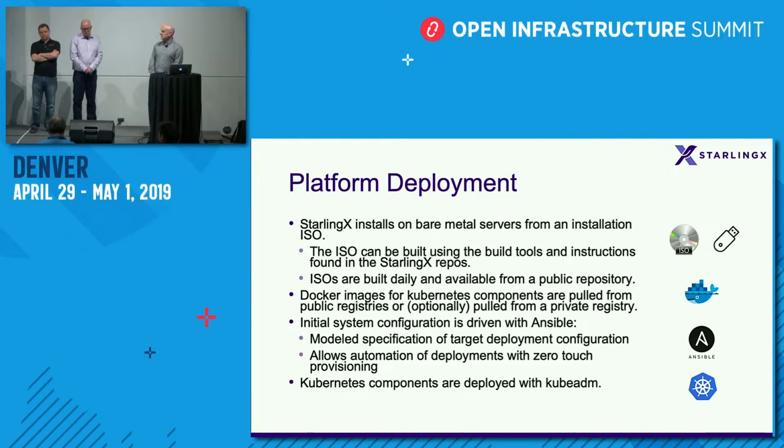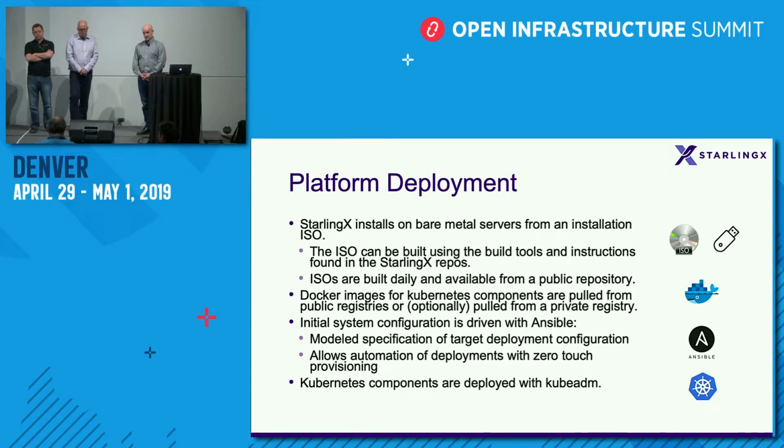We drive our initial system configuration from Ansible, so this is something new in release 2 that we're just finishing up. Prior to this, we had an on-box configuration utility that you would use, but now you can do this remotely. So with Ansible, you model the configuration for the target, and then Ansible will bring the target up to that configuration.